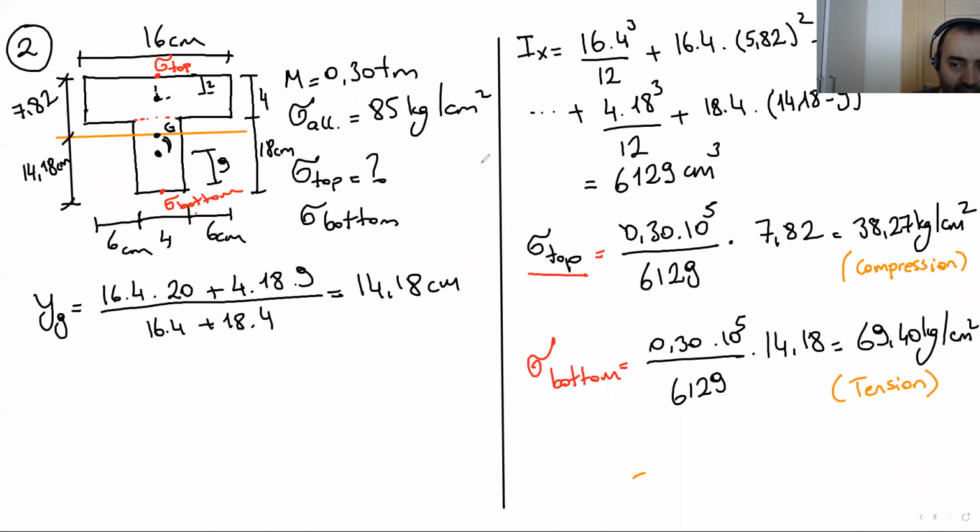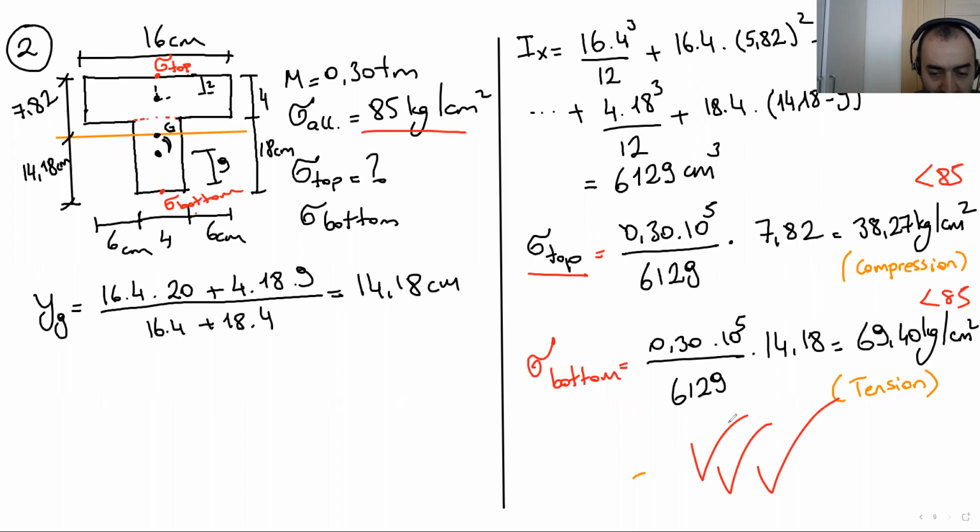The allowable stress here is 85. This one is less than 85, as you can see, and this one is less than 85. So this section works for us. If one of these stresses is greater than 85, that means this section doesn't work. So it fails. We have to increase the dimensions of the section.